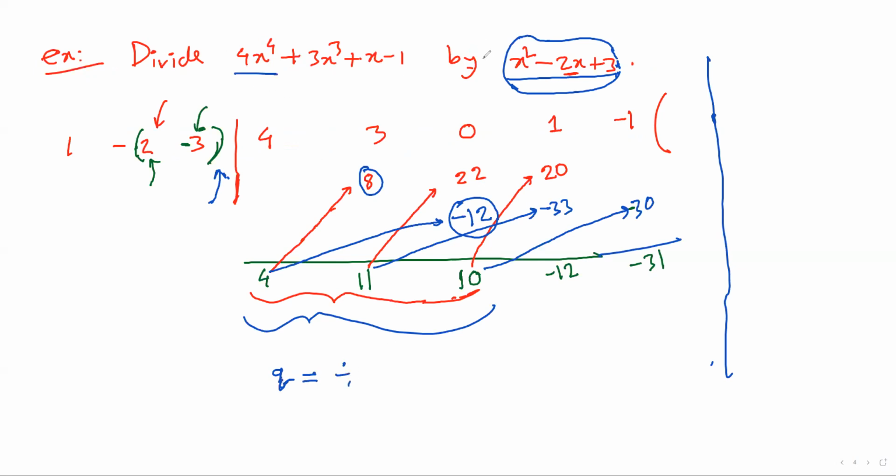We are dividing a degree 4 term by a degree 2 term, so we are going to get 4x square plus 11x plus 10. This should be the quotient. And the remainder is not a constant anymore. The remainder is minus 12x minus 31 now. So this is the remainder and this is the quotient part.